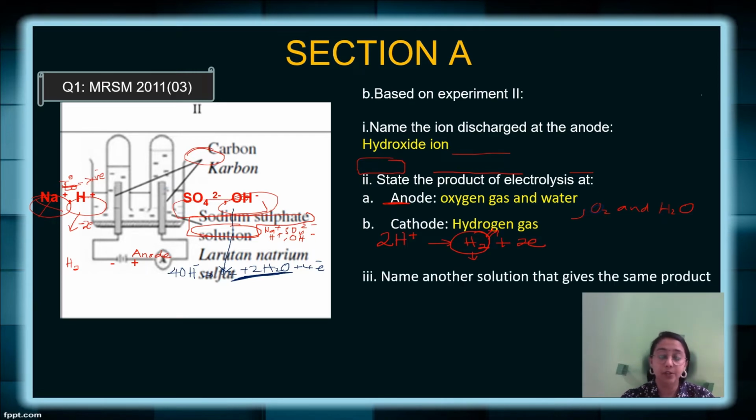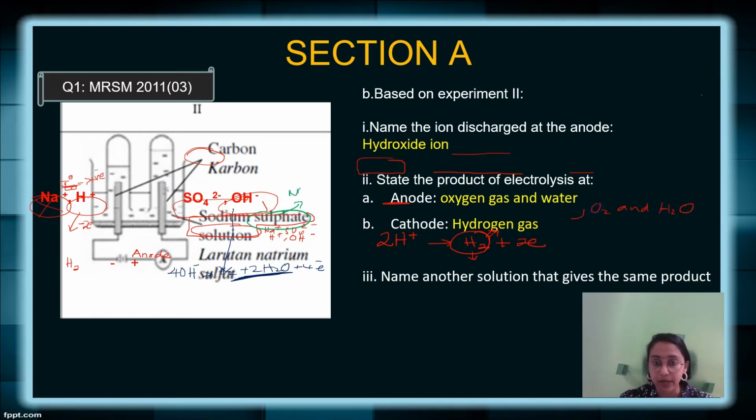So, name another solution that gives the same product. When they request you to state another solution, the simple one I will suggest is you just change the anions. Now they use sodium sulfate, right? You just change the anions and make sure the salts are soluble. Based on your salt knowledge, all nitrate salts are soluble.